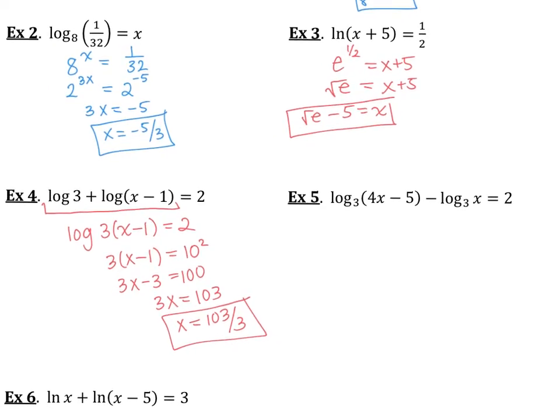So for the next one, again, there's more than one log being added or subtracted, so I need to combine them into a single log before I do exponential form. They are both base 3, so that's good. Log base 3, since they're subtracting the logs, I am dividing their arguments. Okay, so let's see. 3 to the second equals 4x minus 5 over x.